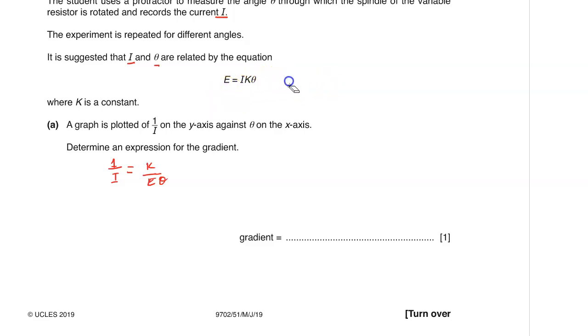You multiply both sides by current. When you do that, you'll get E times I is equal to k theta. Then you divide both sides by E. When you do that, you'll get 1 over I is equal to k over E times theta.